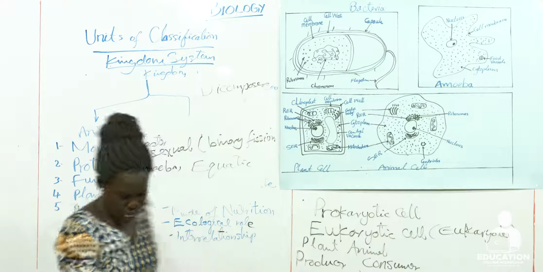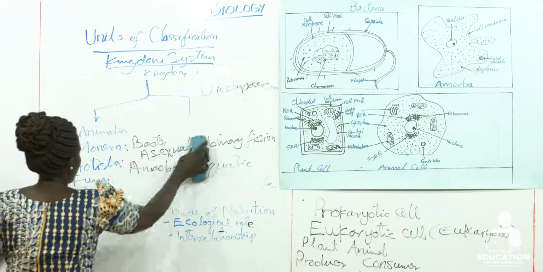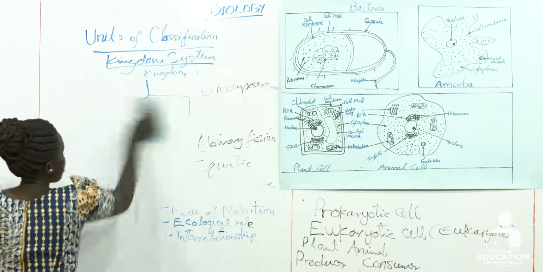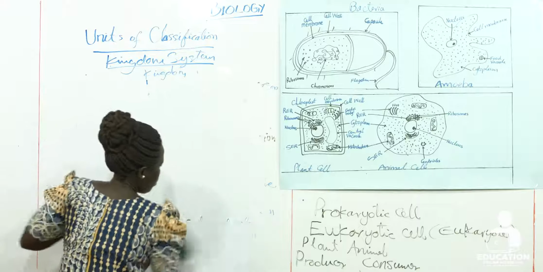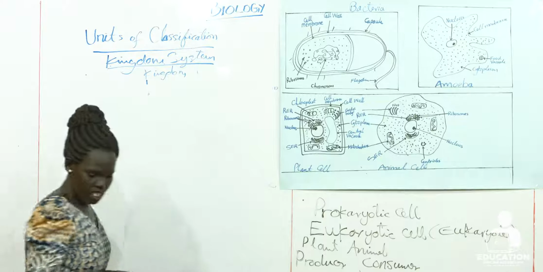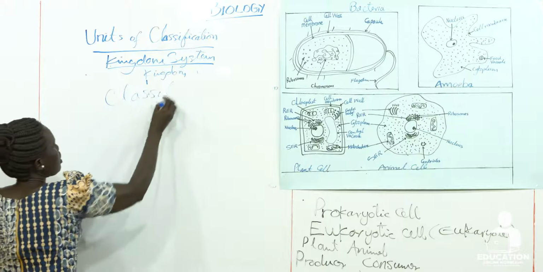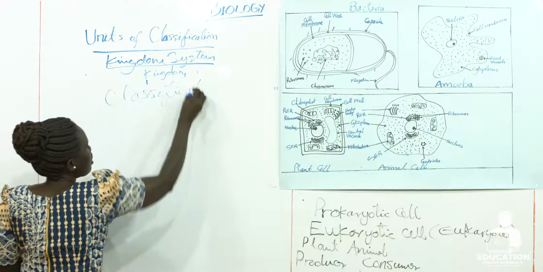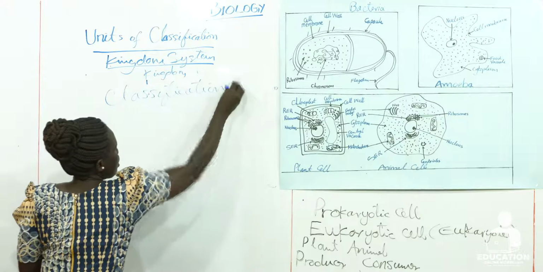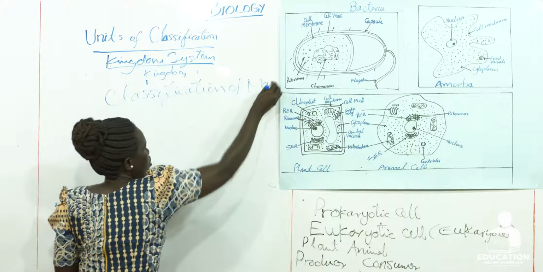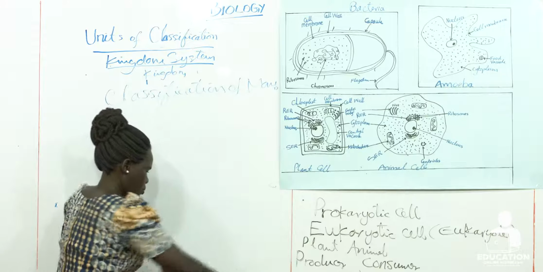So we want to see the example of classification, because we learned about the units of classification, of man. The human being.